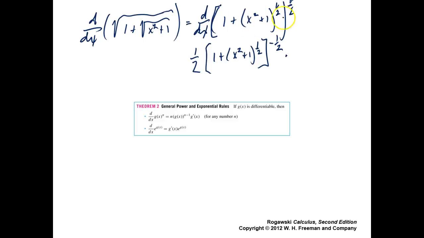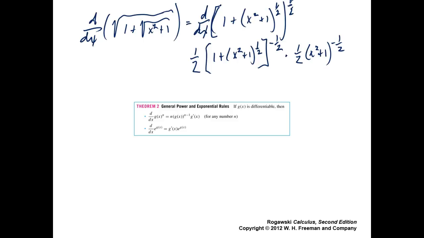The derivative of this would be another 1/2 times x squared plus 1, and that's to the negative 1/2, right? You did the 1/2 times this thing to the minus 1/2. Now you're doing the derivative of the inside.